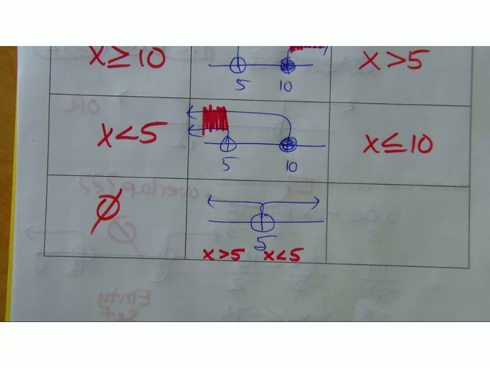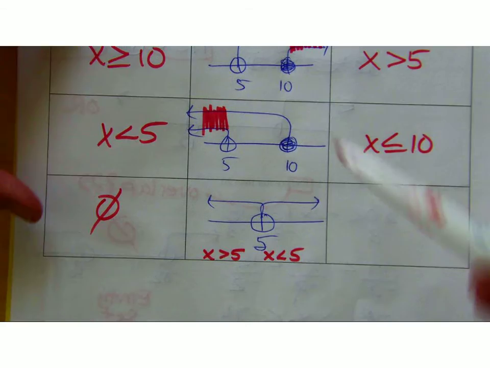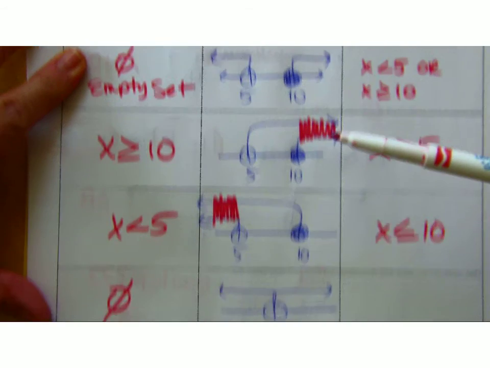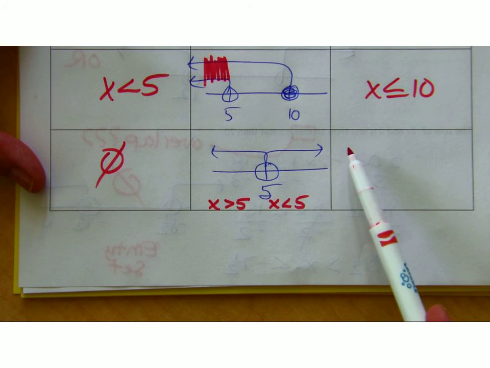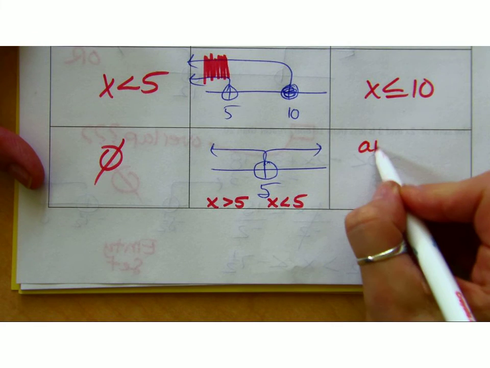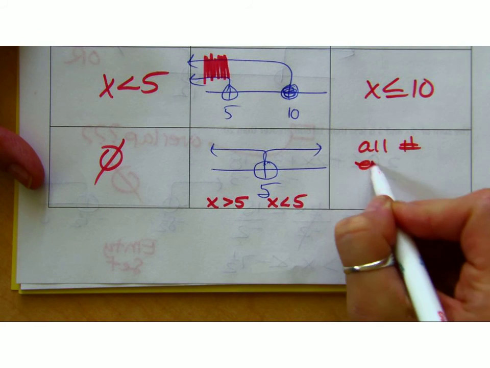What if it's asking you for an or problem? Think about this one. It's kind of like this one. Almost every number would work because every number this way would work. All numbers except 5.